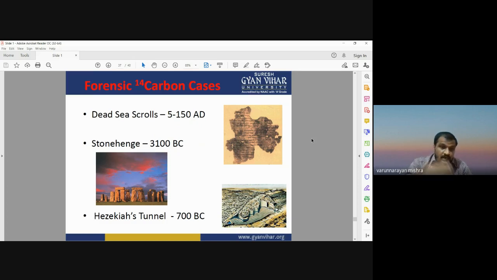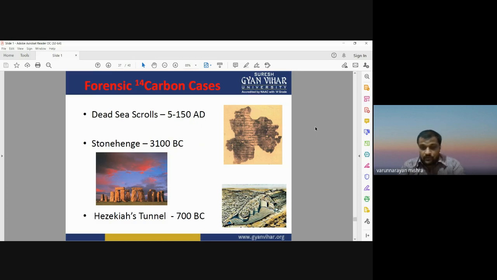So we are using this carbon 14 decay process as a forensic tool to get information about the age of different objects on the Earth surface. Okay, so carbon 14 dating is a very important process for any kind of geological phenomena.